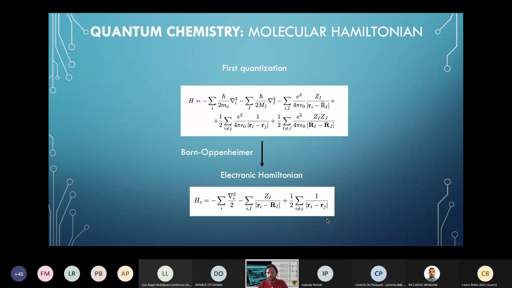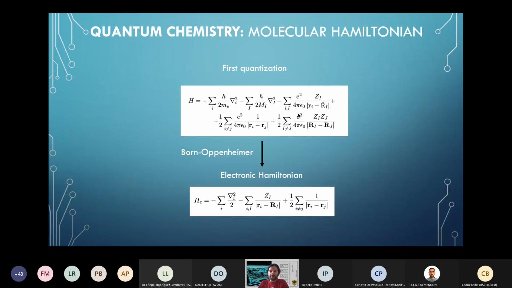So what is the problem we want to tackle? We start from the molecular Hamiltonian. What is the molecular Hamiltonian? It's a functional of positions and momenta of electrons, which are moving in a field which is given by the nuclei.